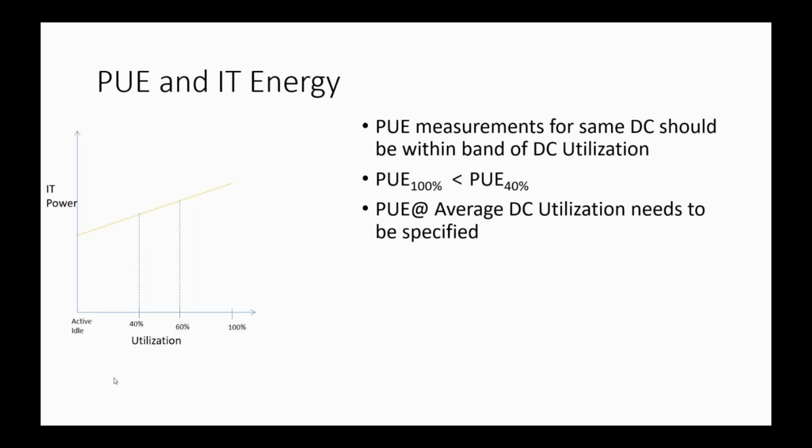So what we need to do as part of this work group is to also say that this is at IT utilization at this place. Somebody may come back and argue, no, my IT utilization is truly at 70 or 80. We can have that discussion, but most data centers sit between 40 and 60. So we can pick a number.